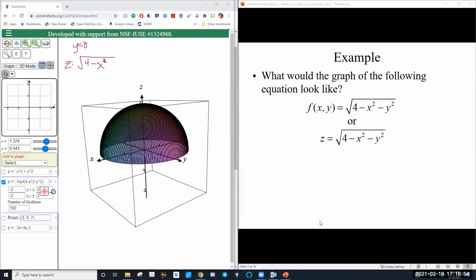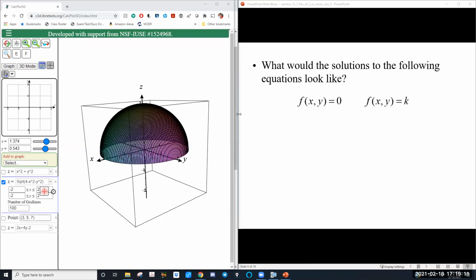Now, the next thing I want to talk about, and this is another way of dealing with 3D curves in 2D. So we have our function.